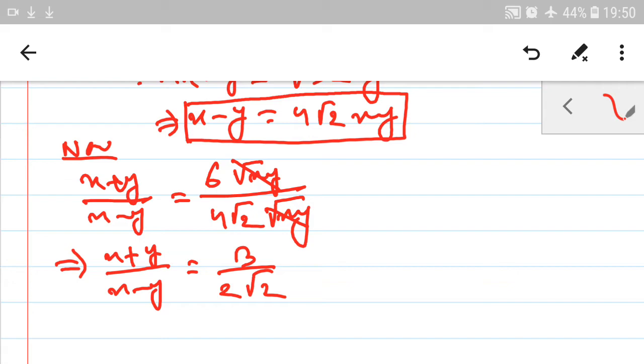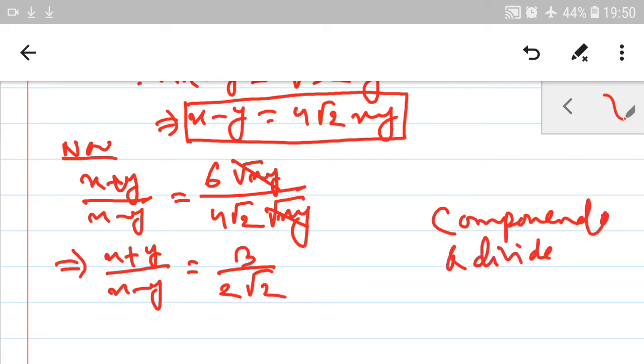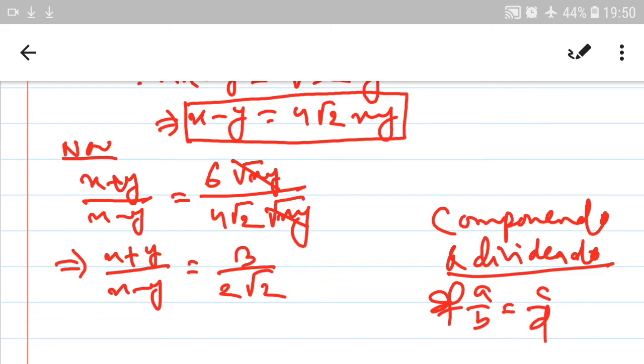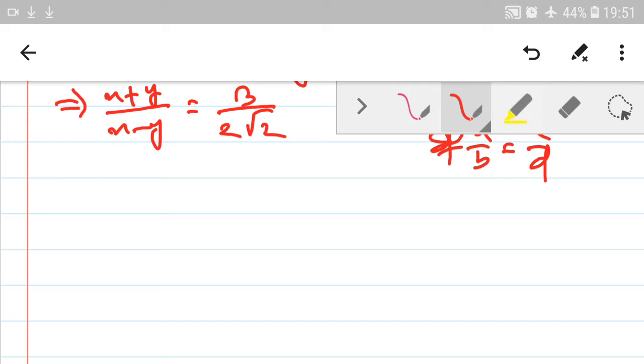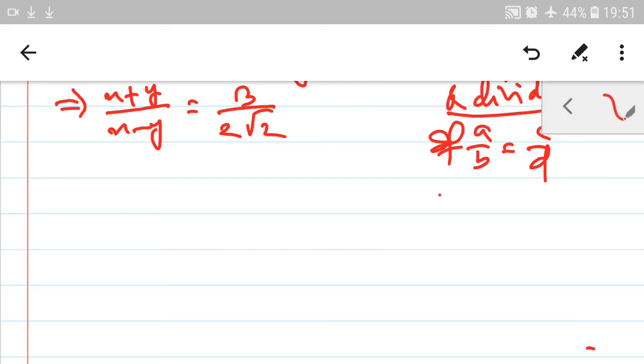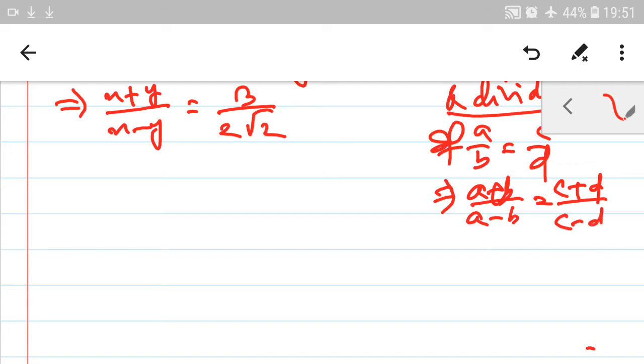Now there is a rule called componendo and dividendo rule. It states that if a by b equals c by d, then it will imply that sum of a and b by difference of a and b is equal to sum of c and d divided by difference of c and d.